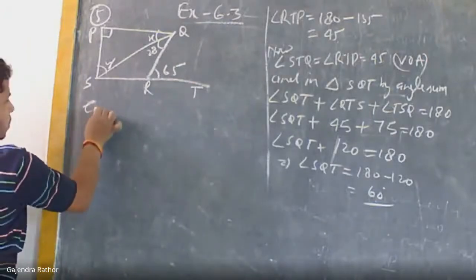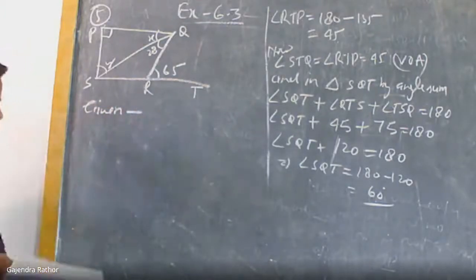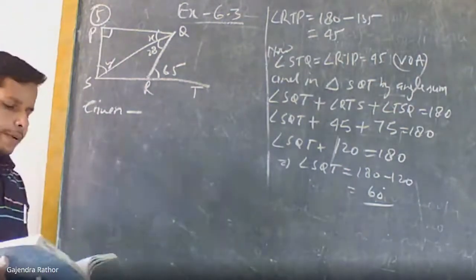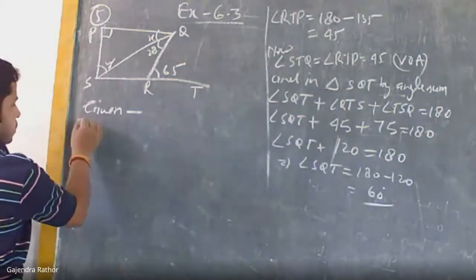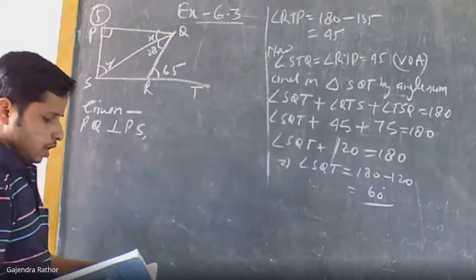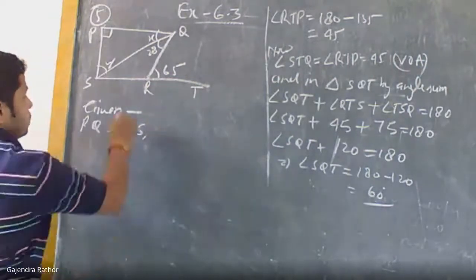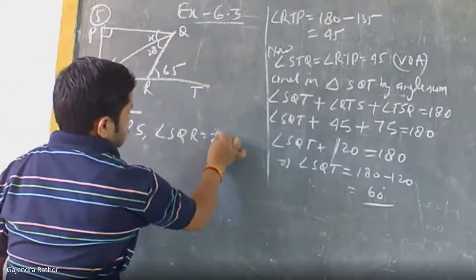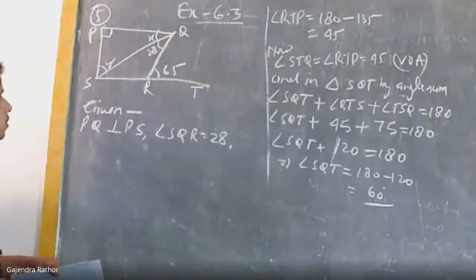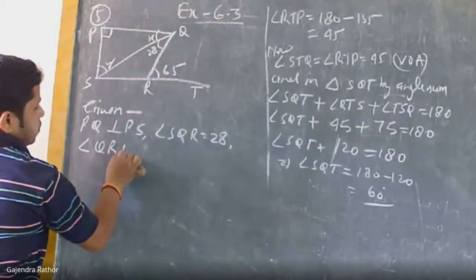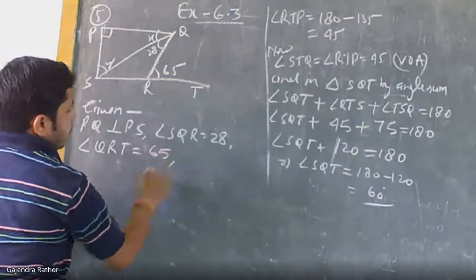So first, given: PQ perpendicular PS, SQR is equal to 28, and QRT is equal to 65.